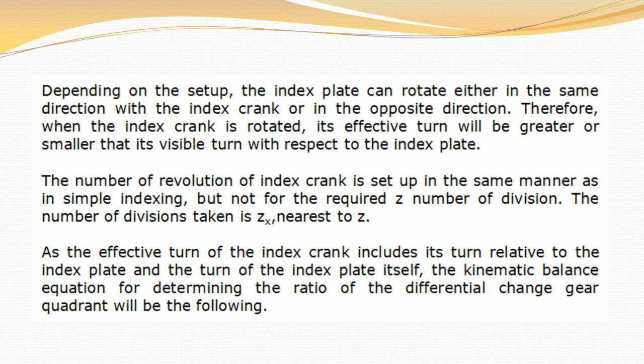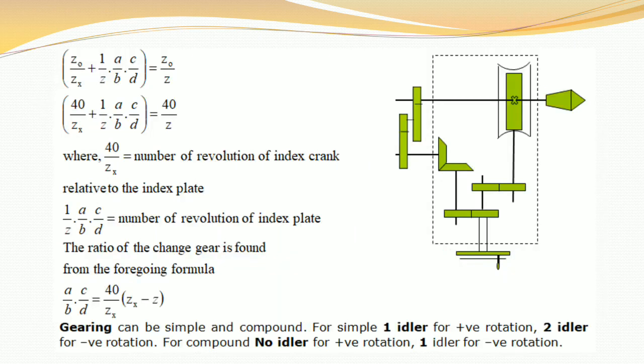As the effective turn of the index crank includes its turn relative to the index plate and the turn of the index plate itself, the kinematic balance equation for determining the ratio of the differential change gear quadrant will be the following. See here, there is a figure and there is the equation for you.